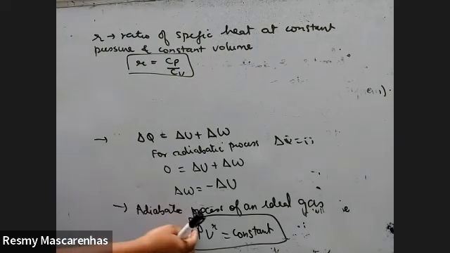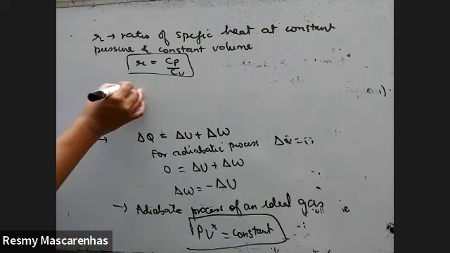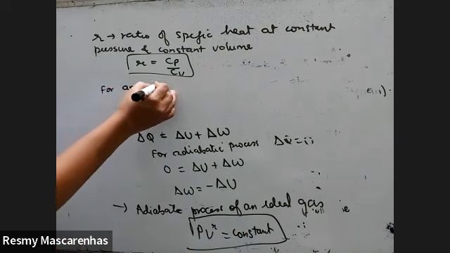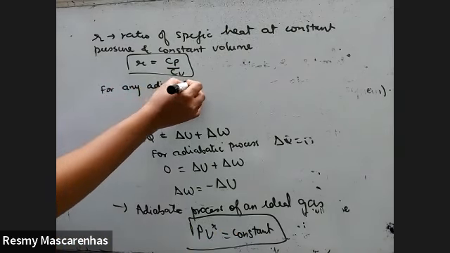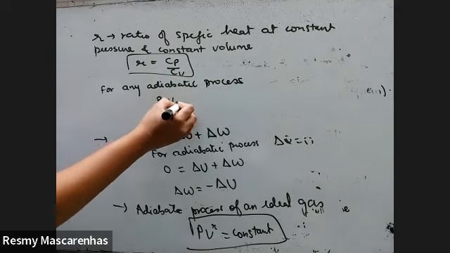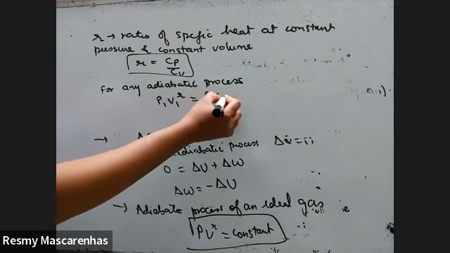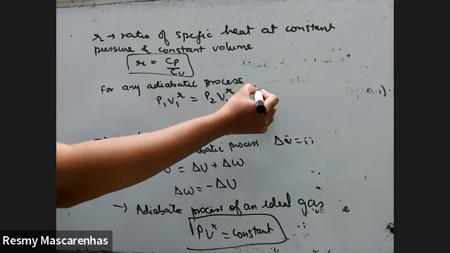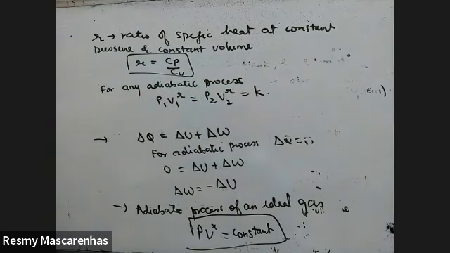So if this is constant for any adiabatic process, we know that P1 V1 raised to r equals P2 V2 raised to r, which will be a constant. Constant, I'll use the letter K.